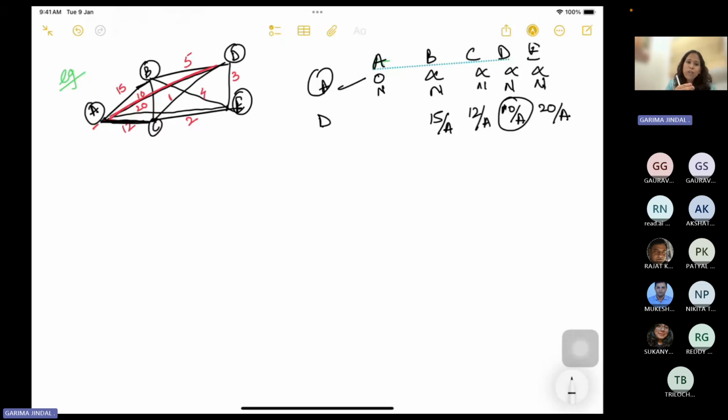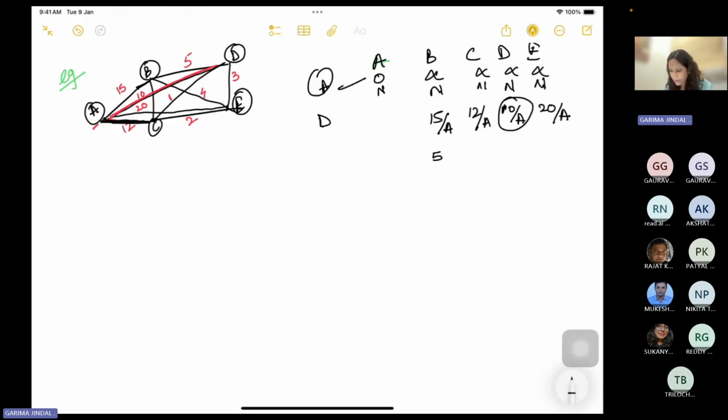We calculated the cost to reach D, and then using that sum, we added another weight to reach the next neighbors. But here there is a slight difference. We will see from D which nodes I can visit. I can visit B, and the cost to visit B is 5. So simply, if 5 is less than the previous edge cost, I will update it.